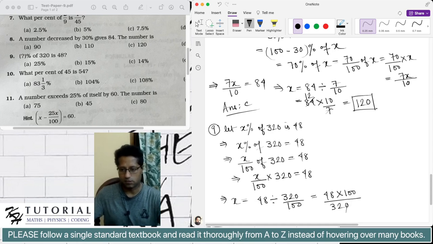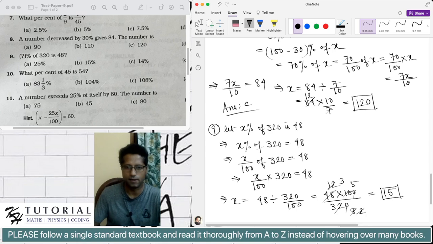So 1 0 cancels, and 4 divides 32 with 8, 4 divides 48 with 12, and 4 again divides 8 with 2, 4 divides 3, and 2 divides 10 with 5. So this is equal to 15. So 15% of 320 is 48. Hence the correct choice is B. B is the correct choice.